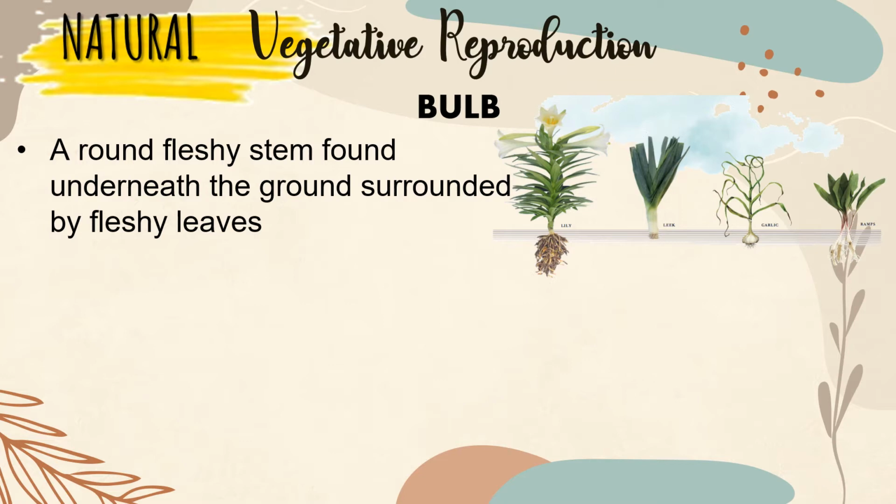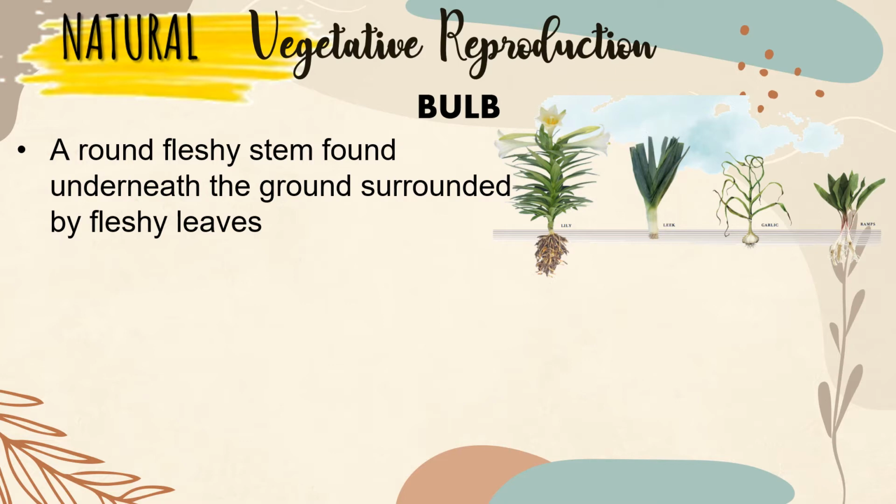A bulb is a round fleshy stem found underneath the ground, surrounded by fleshy leaves. A bulb stores nutrients for the plants. Plants can grow from these bulbs by simply taking one bulb from a plant and planting it. Onion, garlic, and lilies grow from bulbs.